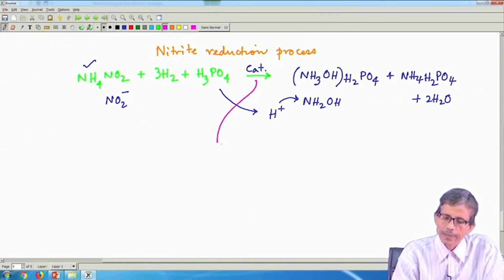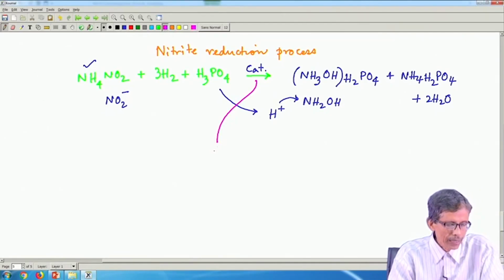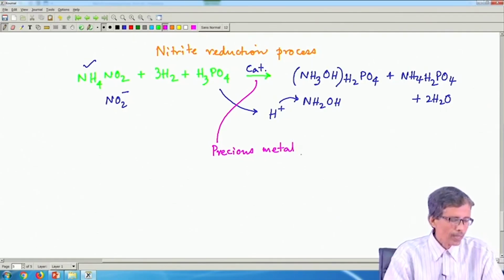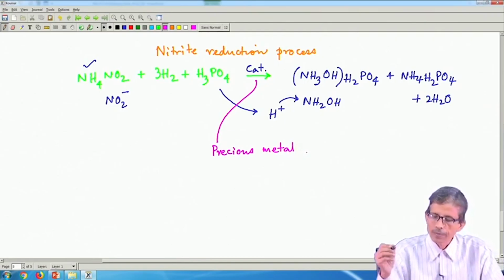So, we can have this particular catalyst in our hand. Again, this catalyst is a corresponding metal based catalyst, and not all metal ions, but some precious metal catalyst can be utilized.